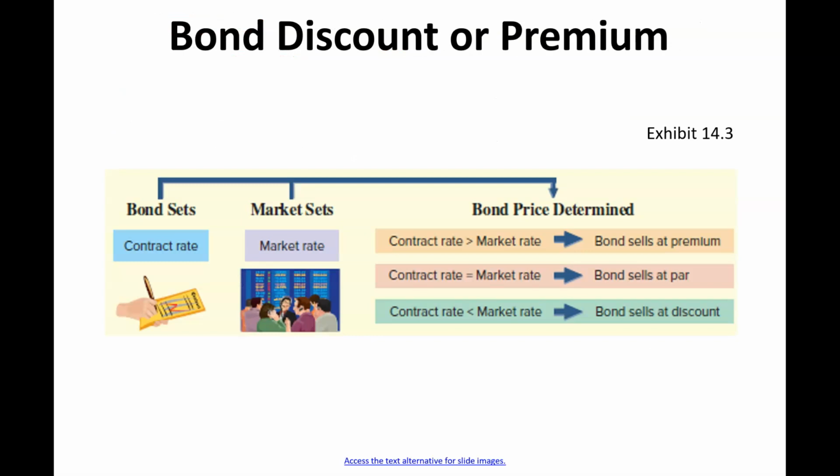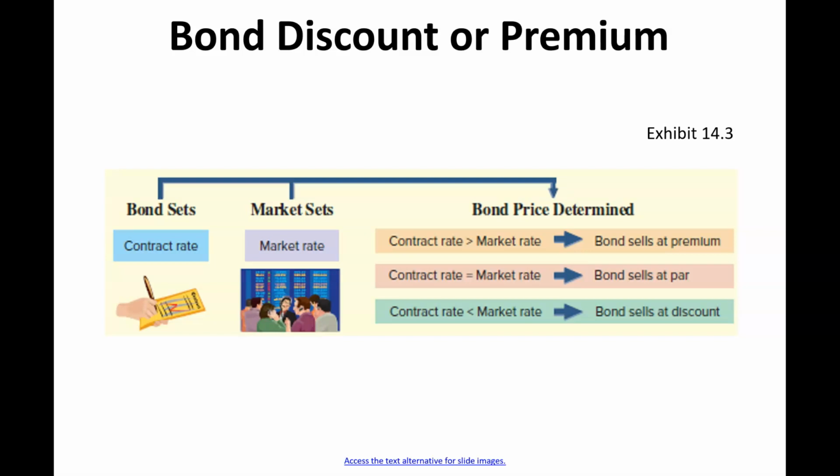Okay, not all bonds are going to sell at par. Some are going to sell for a discount and some are going to sell for a premium. Bond prices usually work the opposite of stock prices or other investments. Usually when you're looking for an investment, you want something that has a high yield, a high interest rate that you will get back.